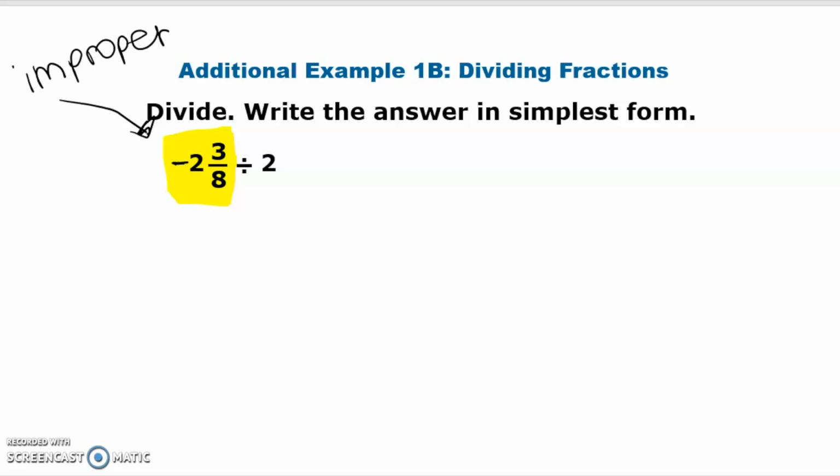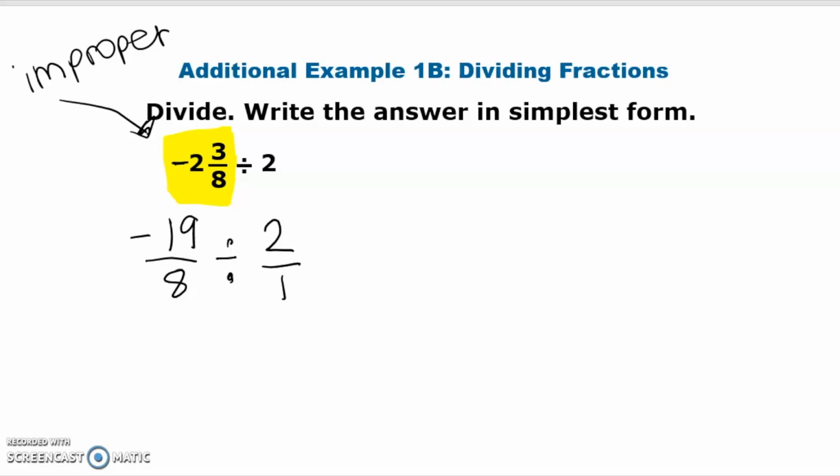So we'll do that first. So 2 times 8 is 16. 16 plus 3 is 19. So this is negative 19/8 divided by, 2 needs to become 2/1.